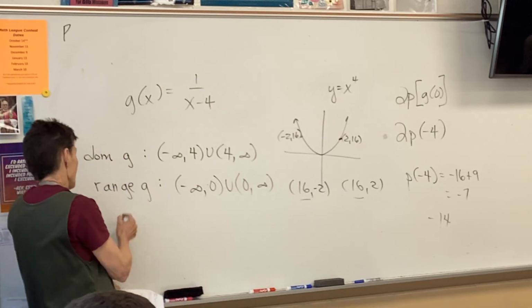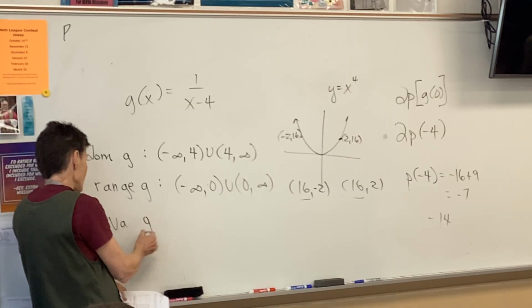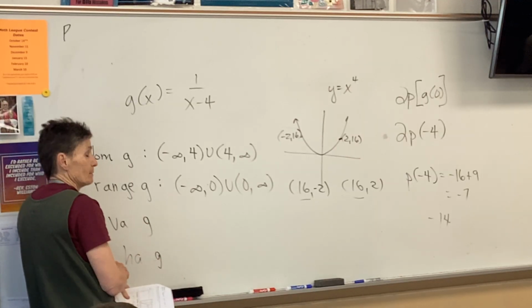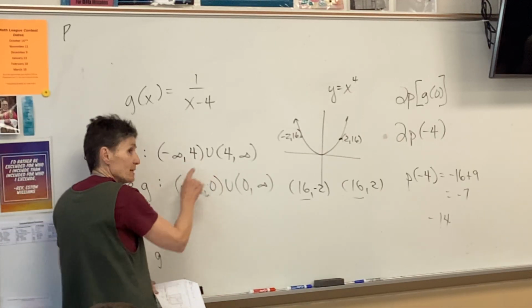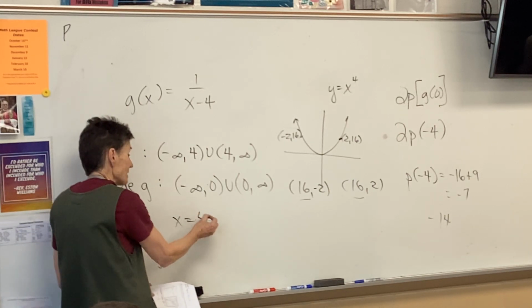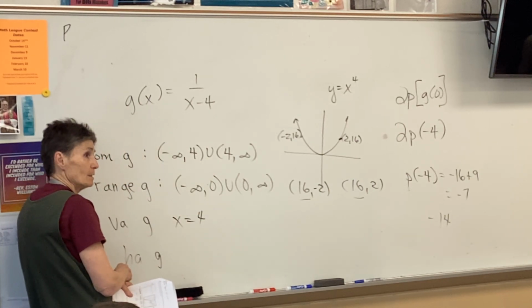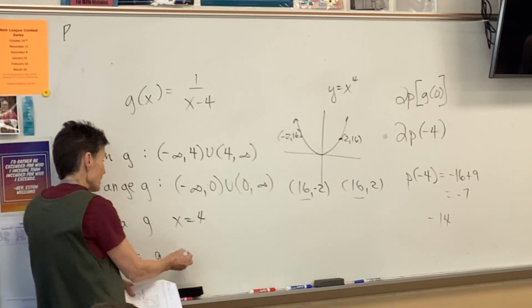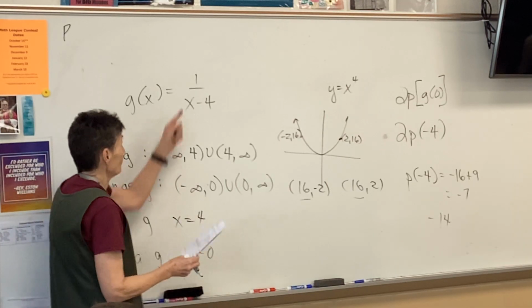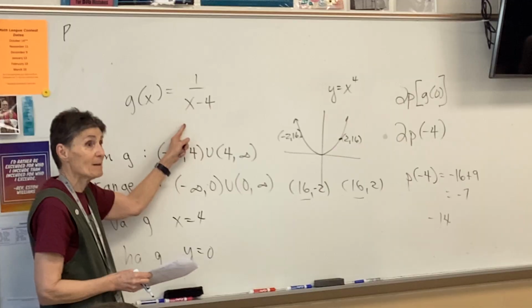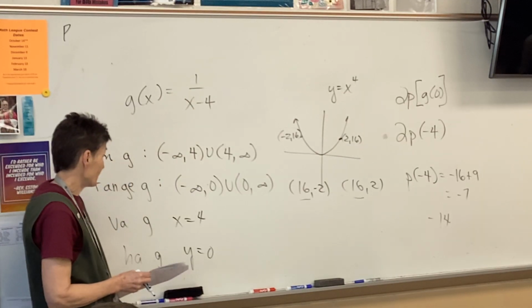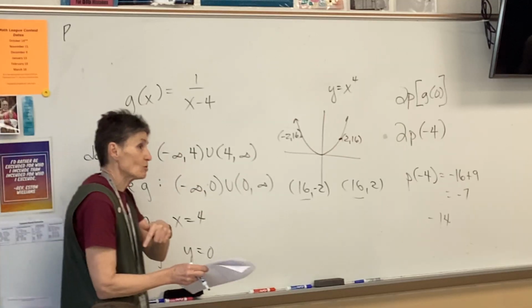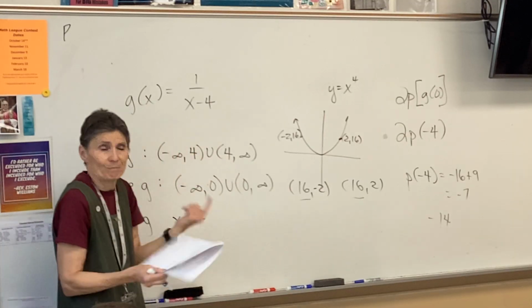So, now I'm doing the vertical asymptote for g and the horizontal asymptote for g. All right, vertical asymptote. Well, if x can be everything except 4, isn't my vertical asymptote at 4? And if my range can be everything but 0, my horizontal asymptote is at 0, and that makes sense. 1 over, that makes perfectly good sense. So, answer the questions about the inverse now.